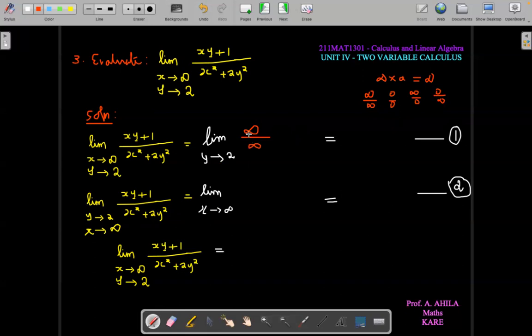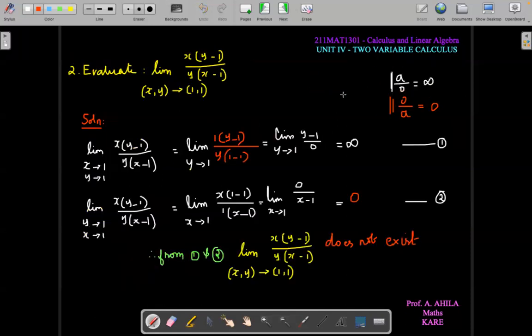If infinity is in the numerator, the value is infinity; when infinity is in the denominator, 1 by infinity, or any value by infinity, is 0. Any value by 0 is infinity, 0 by any value is 0, and any value by infinity is always 0. So all these points are noted, okay?